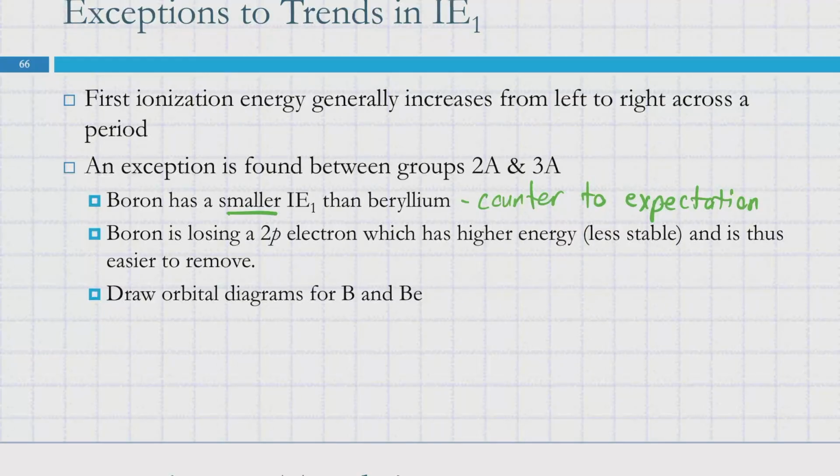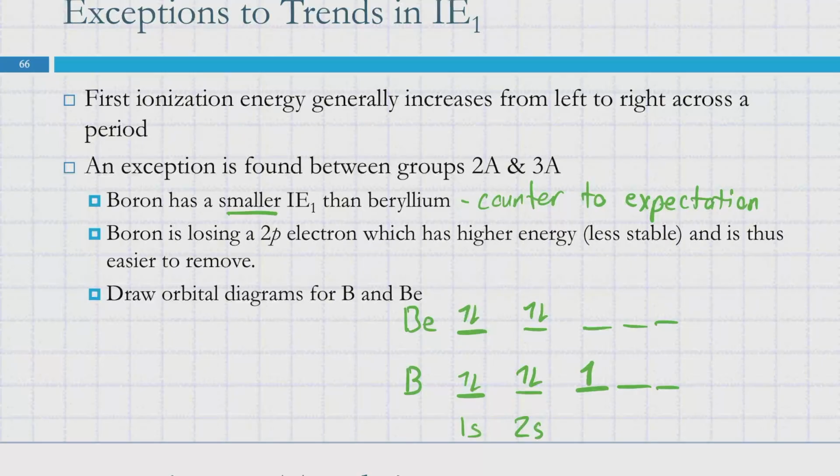If we draw orbital diagrams for both of these, they're both going to have a full 1s. They're also both going to have a full 2s. Beryllium, being at the end of the 2s, the end of the s block, is not going to have any electrons in the p block.